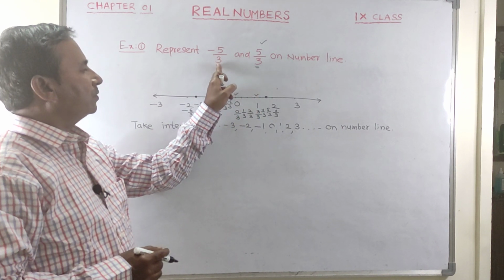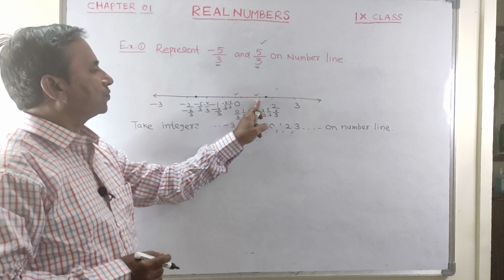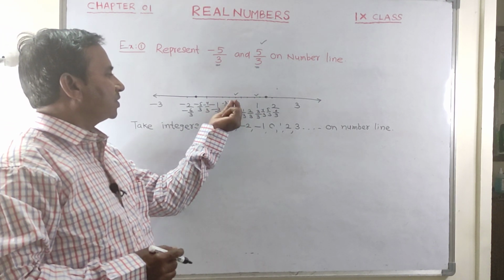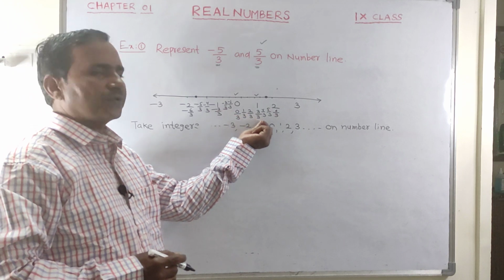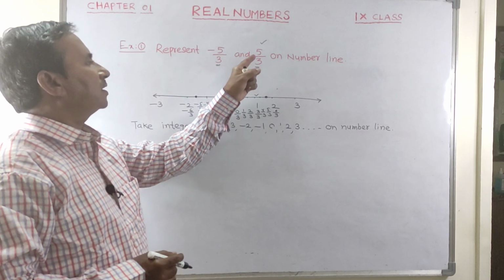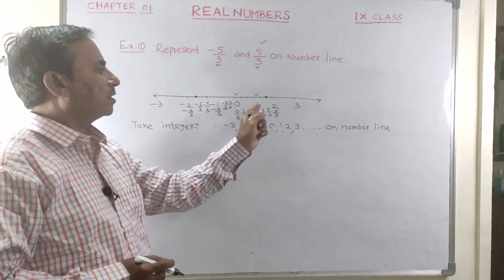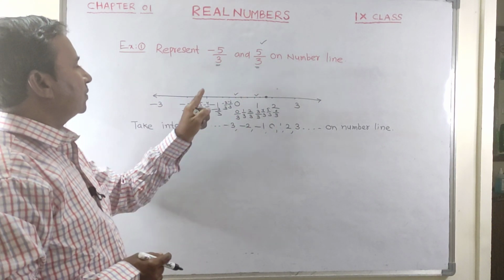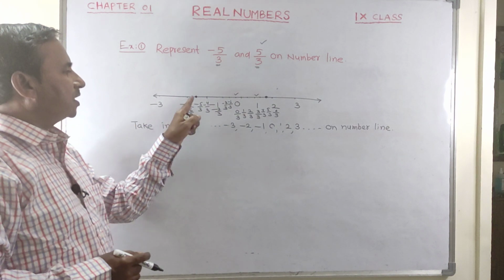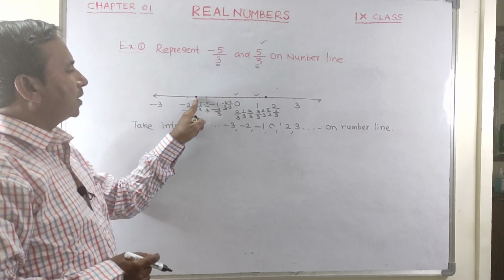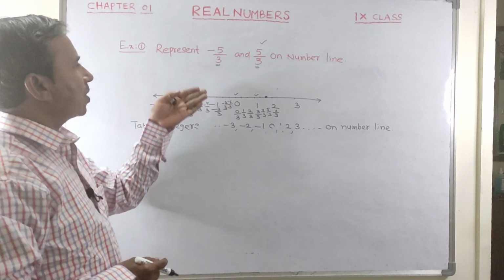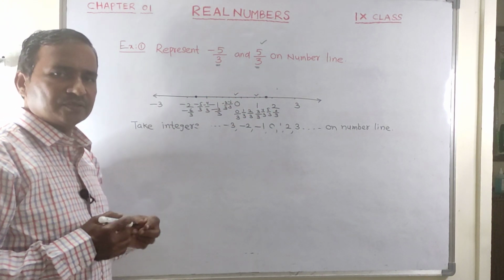If you have 5, you have to divide from 0 to 1 into 5 parts, and each part will be represented in this way till we get the positive given number on the right hand side, as well as the negative value on the left hand side. Then represent it like a point thickly like this, and here also like this. It ends the problem. Is it clear, children?